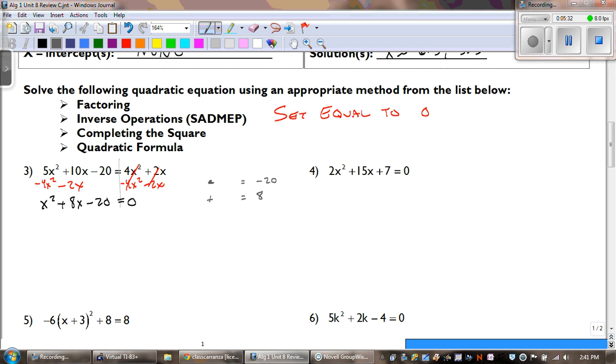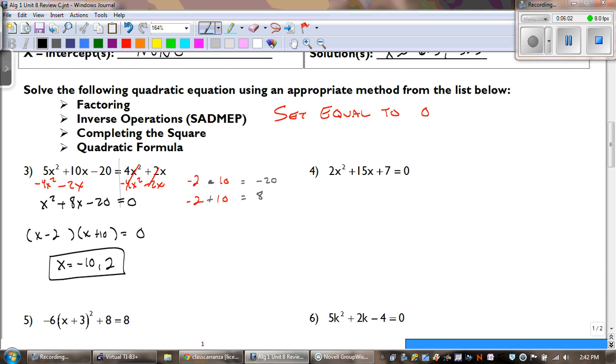Okay, and you can use the shortcut on here because your leading coefficient is 1. You should have got the numbers, what? Negative 2 and 10. Okay, so we have (x minus 2)(x plus 10). And when you solve that, we get x equals negative 10 and positive 2.